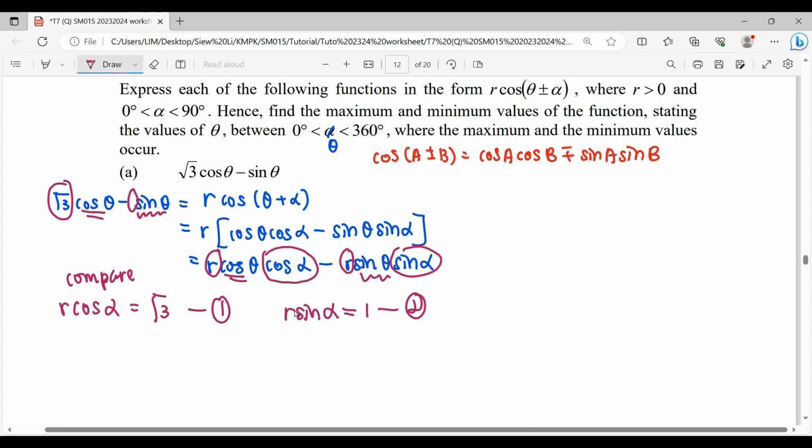To find r, we'll use a trigonometry identity. Equation 1 squared plus equation 2 squared, so that we get r square cos square alpha plus r square sin square alpha equals 3 square plus 1 square.